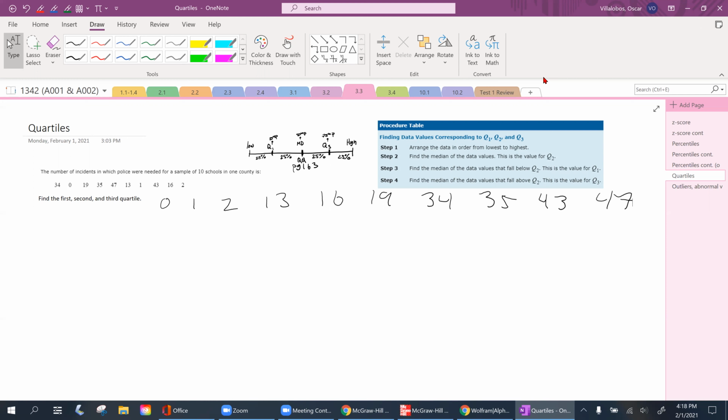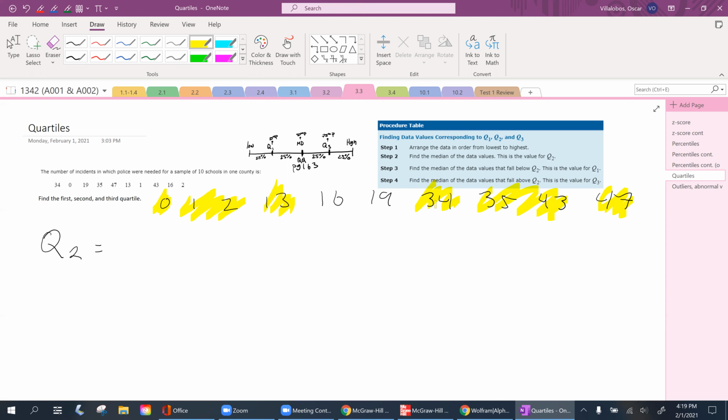To find Q2, here I'm asked to find the first, second, and third quartile. Generally the first one you want to find is the median of your data values, the Q2. It's going to be the center value. If I take this off, and this one out, and center down onto the middle, I can take that one off, and that one off.